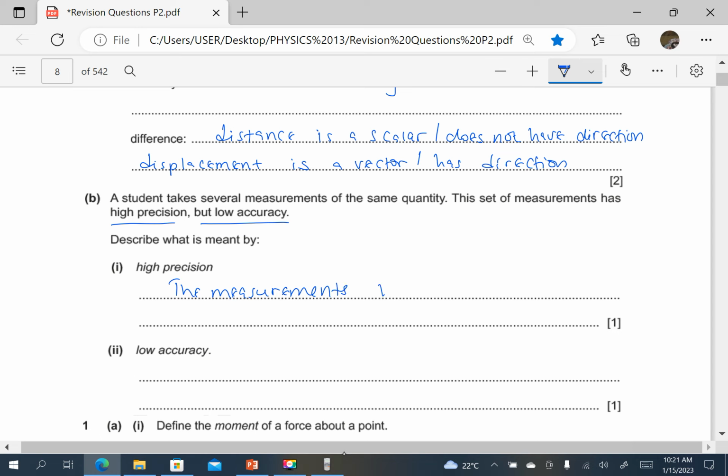The measurements have a small range. In other words, they are close to each other.